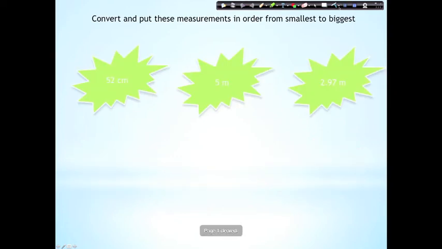Okay, the next one, 52 centimetres, 5 metres and 2.97 metres. So don't forget to change them all into either centimetres or metres.